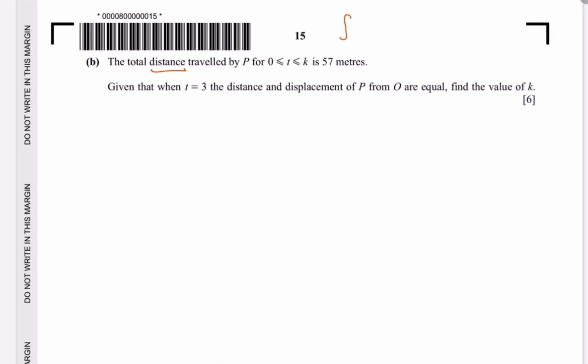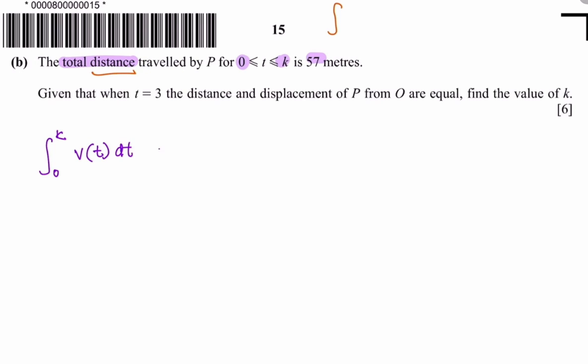If your current strength is integration, then what we can do is, let's use this information. Total distance traveled from 0 to k is 57. How to write that in integration is the integration from 0 to k of velocity will be equal to 57. From the previous question, we know we have two parts of the equation right here.